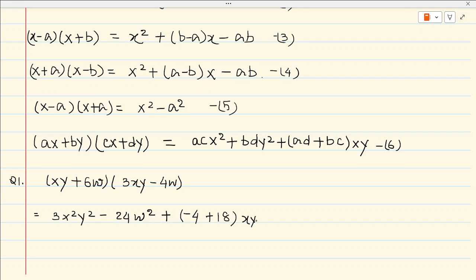The common term will be xyw. Correct. So our answer will be 3x square y square minus 24 w square, and plus 14 xyw. This is the answer for question number 1.